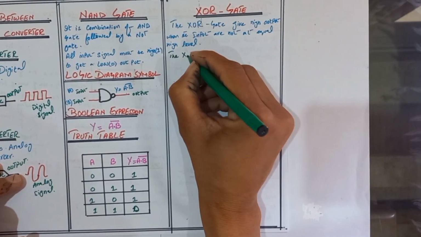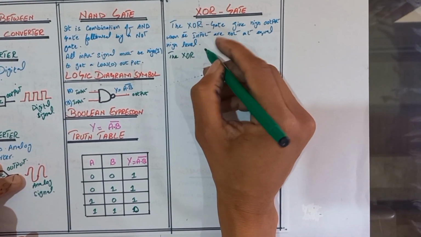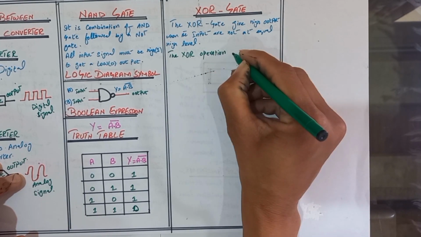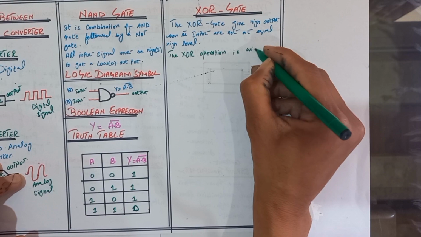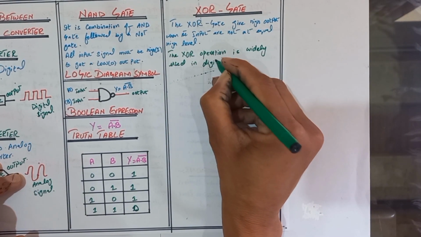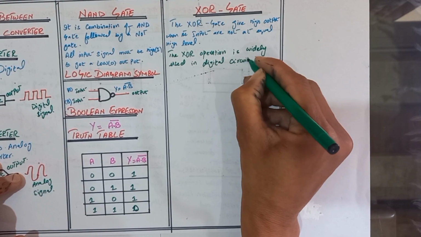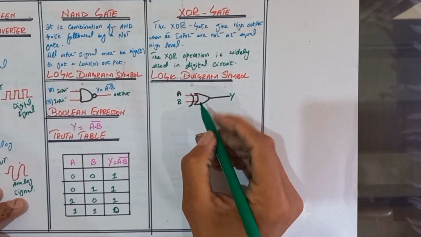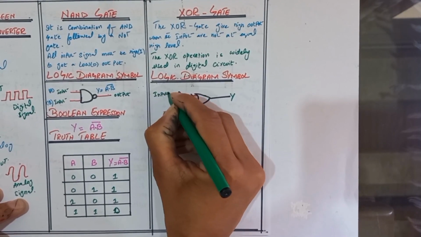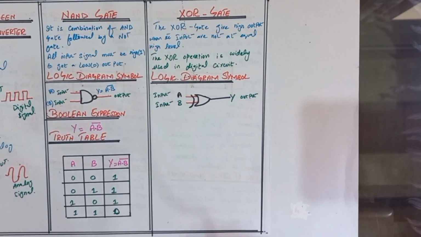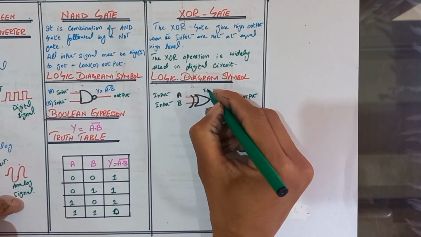The exclusive OR operation is widely used in digital circuits. The logic diagram symbol of the XOR gate has two inputs and one output. This is the symbol diagram of the XOR gate.